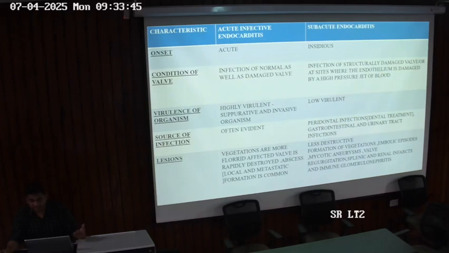In the subacute form, rather than direct spread of organism like embolization, there is a chance of autoimmune phenomena, which are more common in the subacute type. That causes obliteration of vessels over a long period, so there is a chance of infarct and permanent damage of the organ, like splenic infarct and renal infarct.